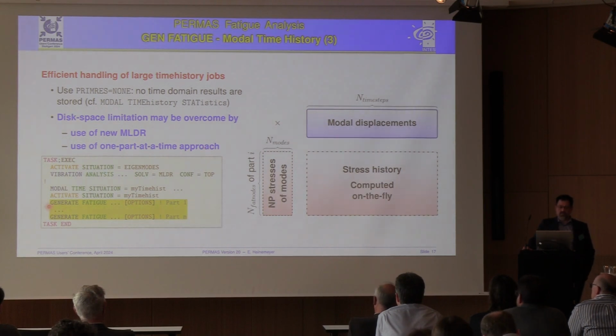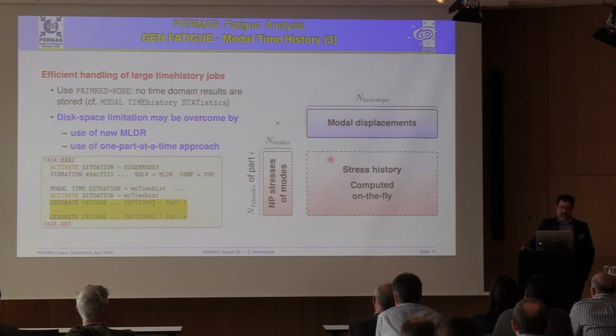So you can do several fatigue analyses now for just a part each, which then reduces the amount of storage that we have for one point in time to reserve to compute the stress history.